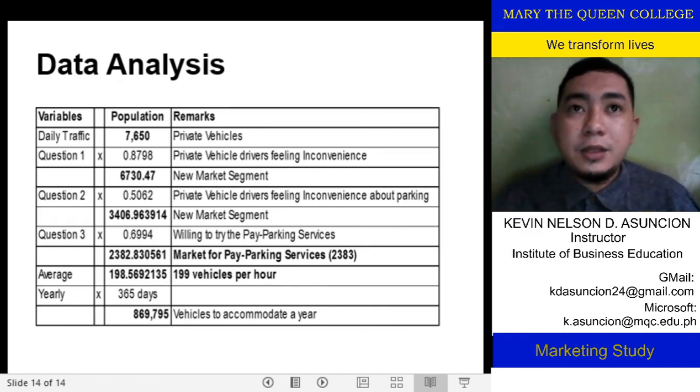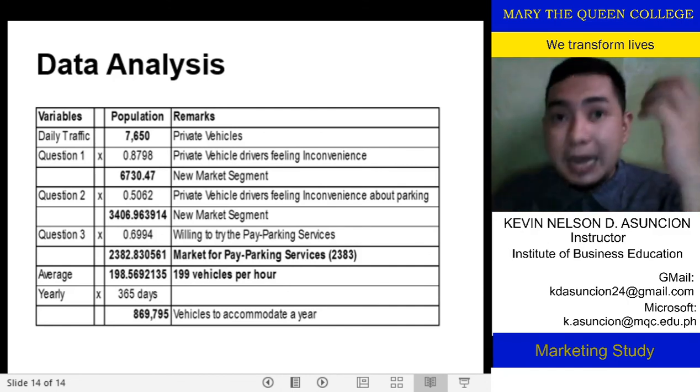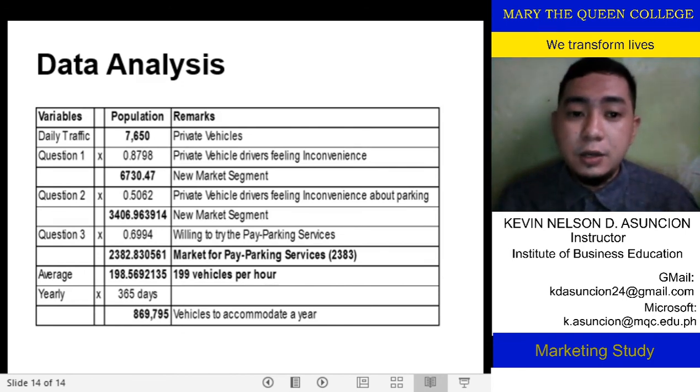So market segmentation groups or filters your market with the same wants, that is fitted to the type of business that you have.